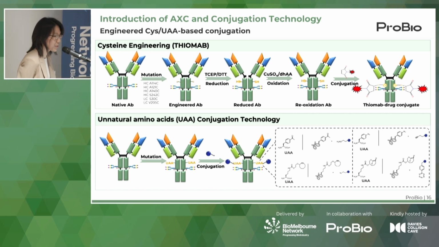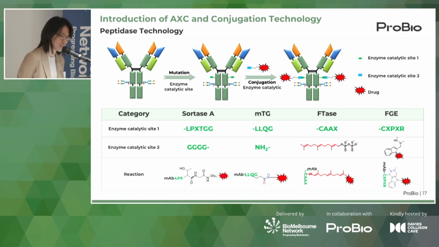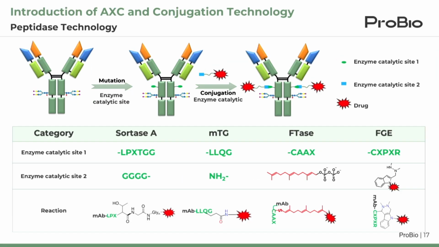Move on to the peptide-based technologies. This is also highly specific, and basically this can be realized by introducing a specific recognition site sequence in the antibody, which could be specifically recognized by a particular enzyme. On the other hand, a second catalytic site should also be introduced at the linker payload's end.